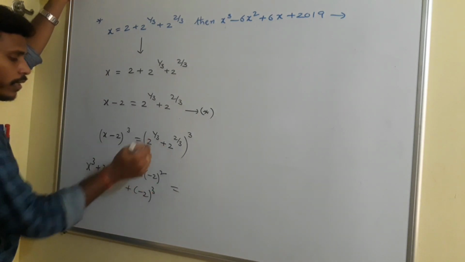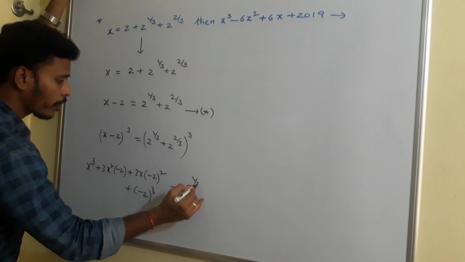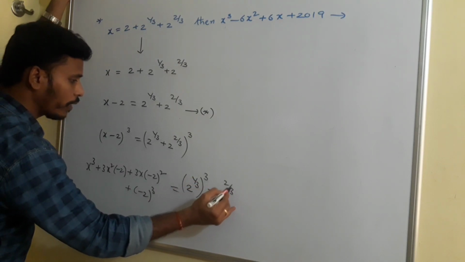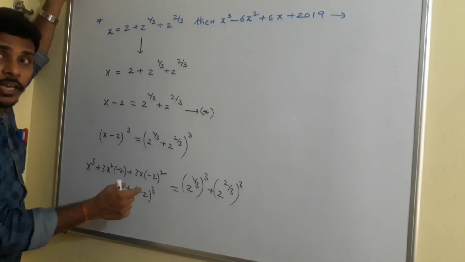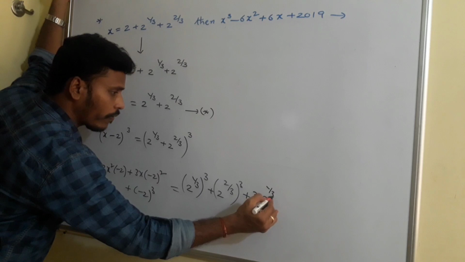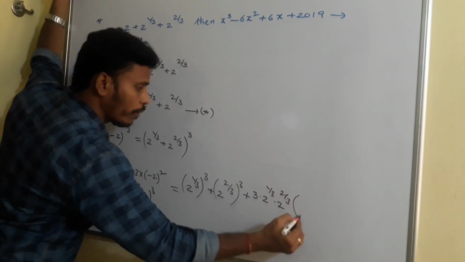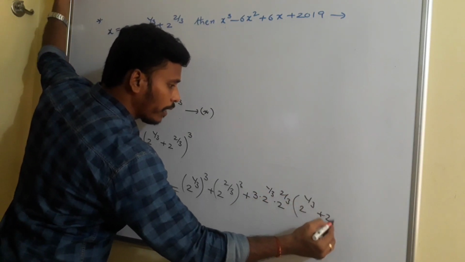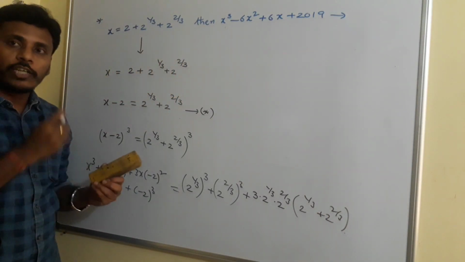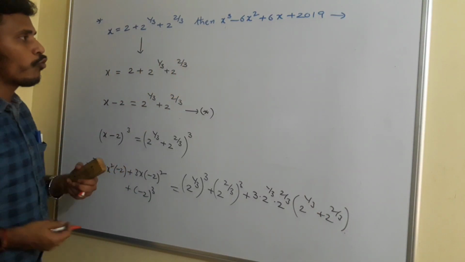This is equal to, on this side, (2^(1/3)) whole cube plus (2^(2/3)) whole cube, that is a cube plus b cube, plus 3ab, 3 into 2^(1/3) into 2^(2/3) into (2^(1/3) plus 2^(2/3)). For (a plus b) whole cube you have 2 formulas.